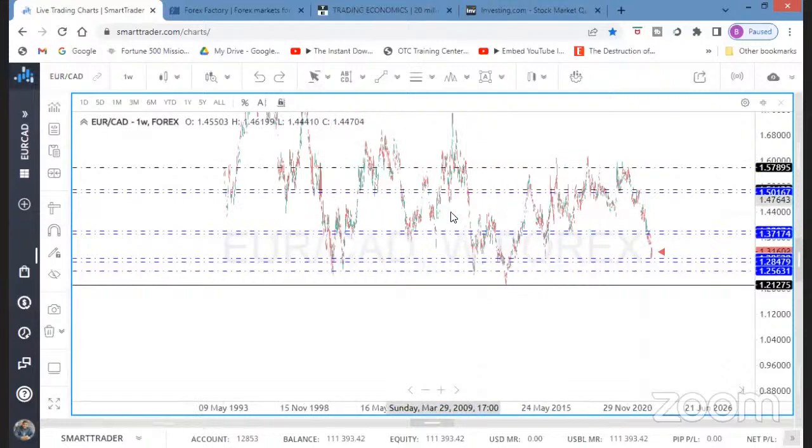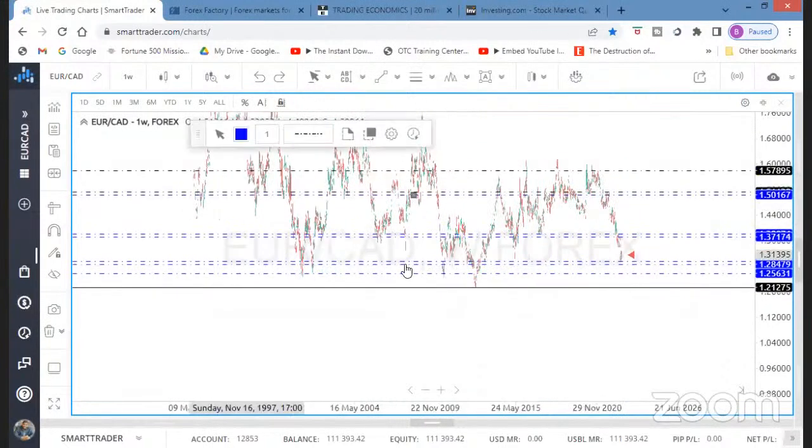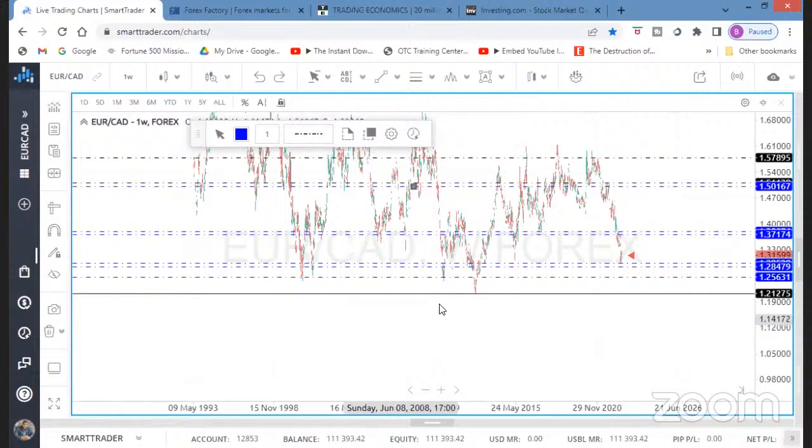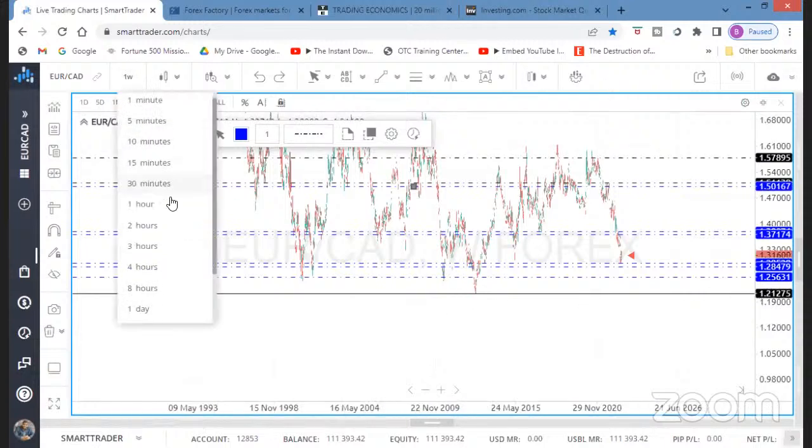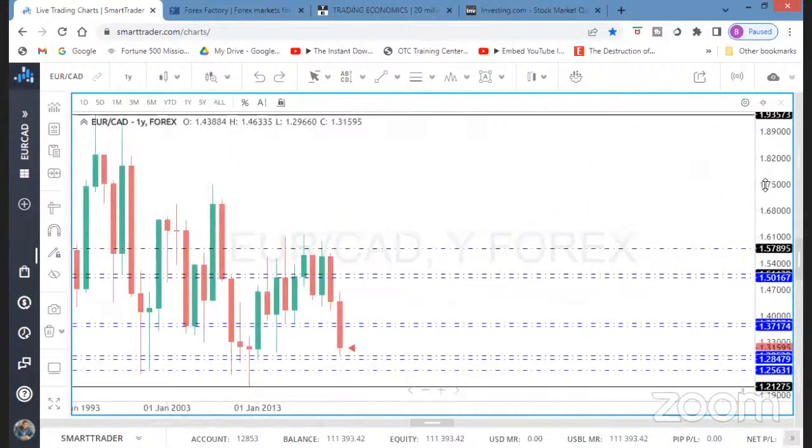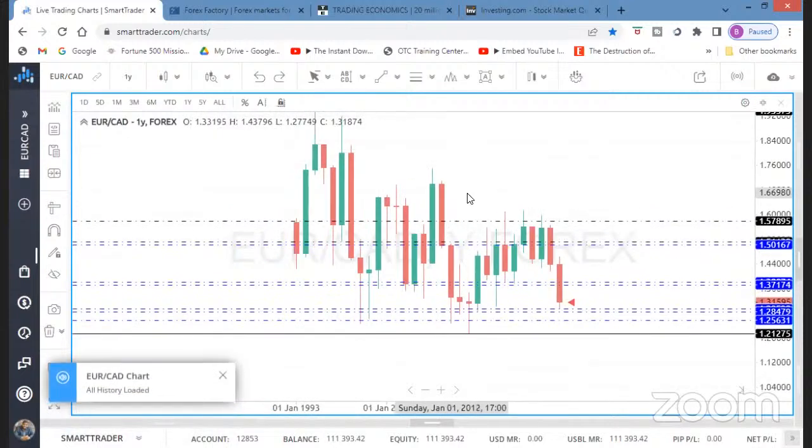We're in major low territory for a lot of these pairs. So you see this here, that solid black line, that's the major. So if we come out to like a year, these are yearly candles. Look at how much that euro has dropped.